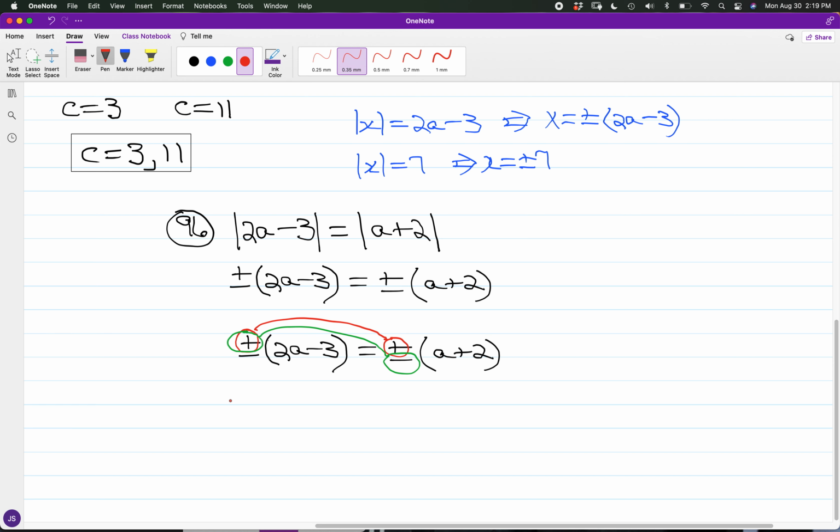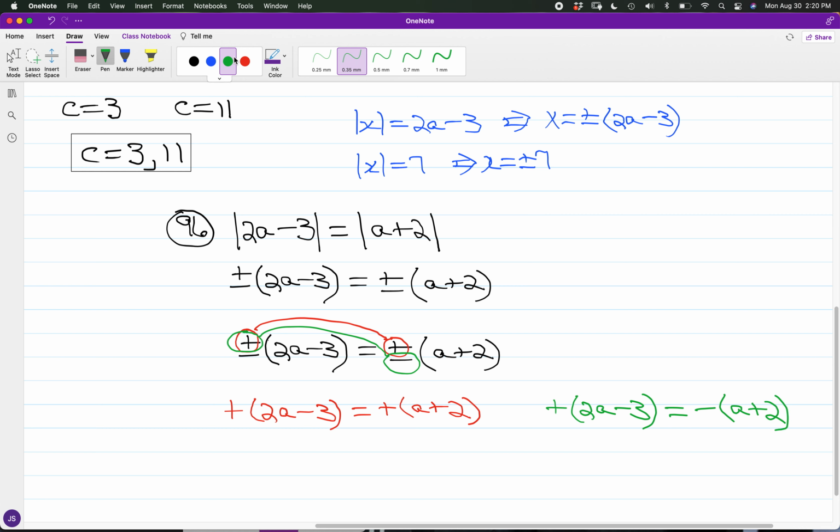So taking what we have here, I have the positive of 2a minus 3 equal to the positive of a plus 2, and the other possible equation in the variable a, the positive of 2a minus 3 equal to the negative of the quantity of a plus 2.